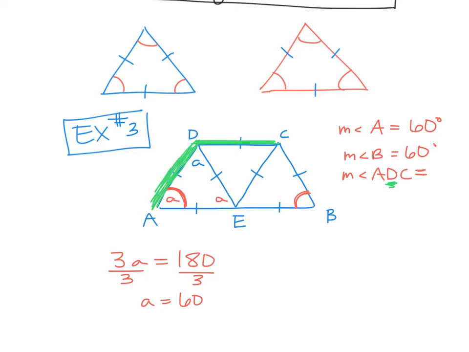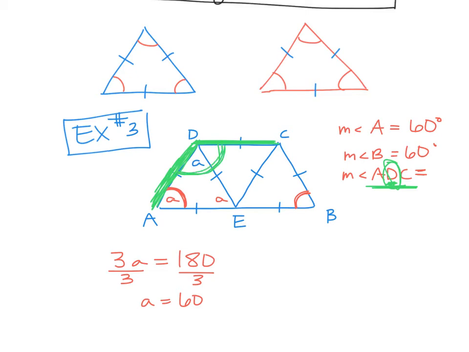And I'll tell you right now, for some reason on this next quiz, people see 3 letters and they start adding all the angles together. Don't add a bunch of angles together. Don't add angle A plus angle D plus angle C. That's not what angle ADC is. Angle ADC has a vertex of D that started at A and went to C. So when I say angle ADC, I'm looking for this angle.